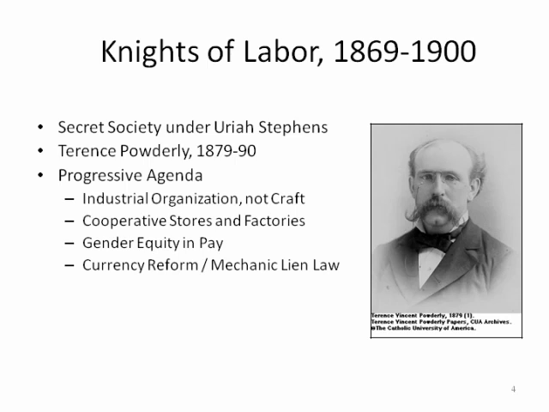And in 1879, the fellow you see here, Terence Powderly, who was considered really good looking, women fawned over him, became the chief of the Knights of Labor and held that office from 1879 until 1890.